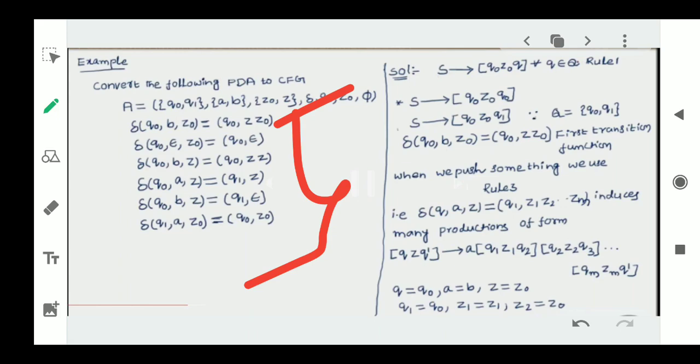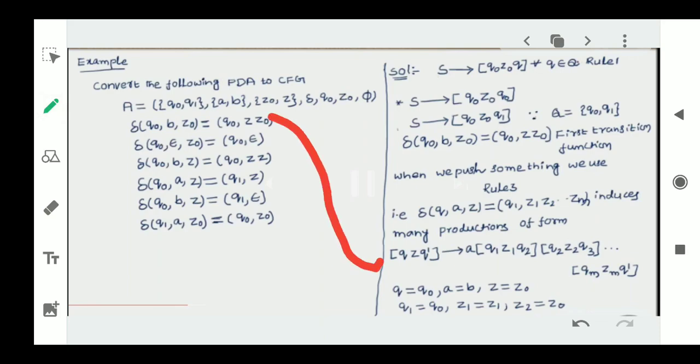If it represents a push operation, you go for rule 3, which I told you in the procedure. If it is a pop operation, please go to rule 2. Since our first equation represents a push operation, please go for rule 3, which is called the push operation.